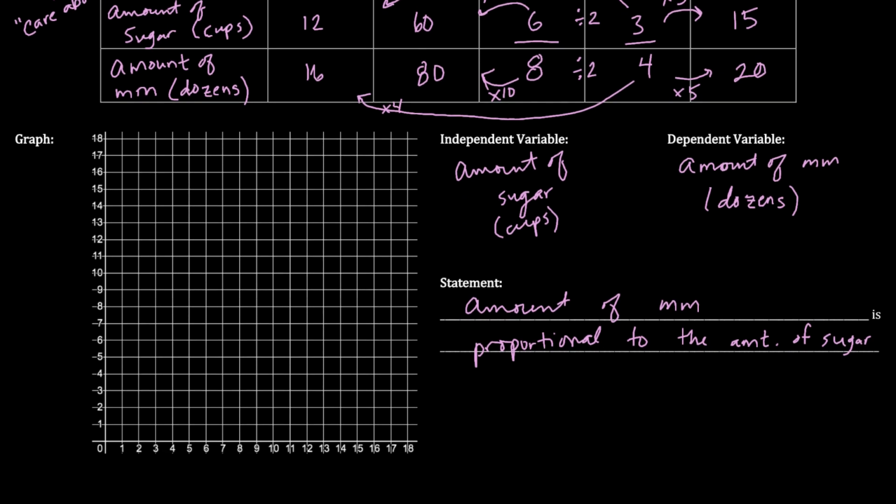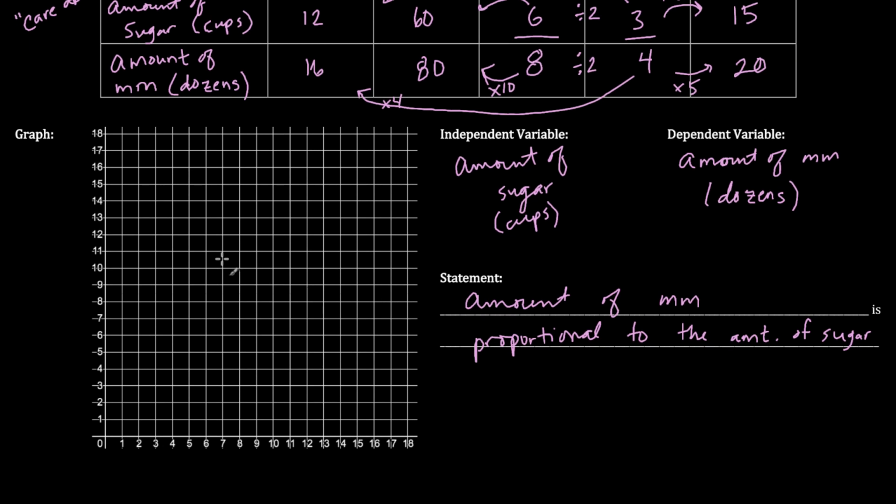Let's go ahead and graph that and see how it looks. So the dependent variable, the topic, the one that we quote unquote care about, will go on the y-axis. So I'm going to put mini muffins here, and I'm going to put sugar here.